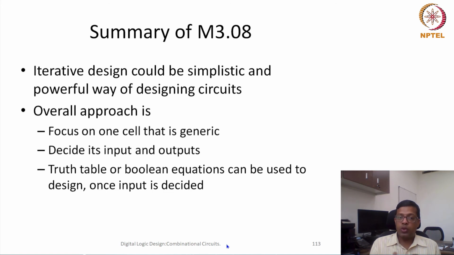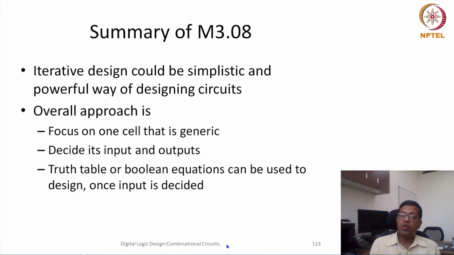So for example, in today's lecture, our sequence detector has input ci and ci plus 1. So the semantic of ci and ci plus 1 we have identified ourselves. We said that ci will be 2-bit, ci plus 1 will also be 2-bit, and this is the meaning of 00, 01, 10 and 11 in case of the sequence detector.